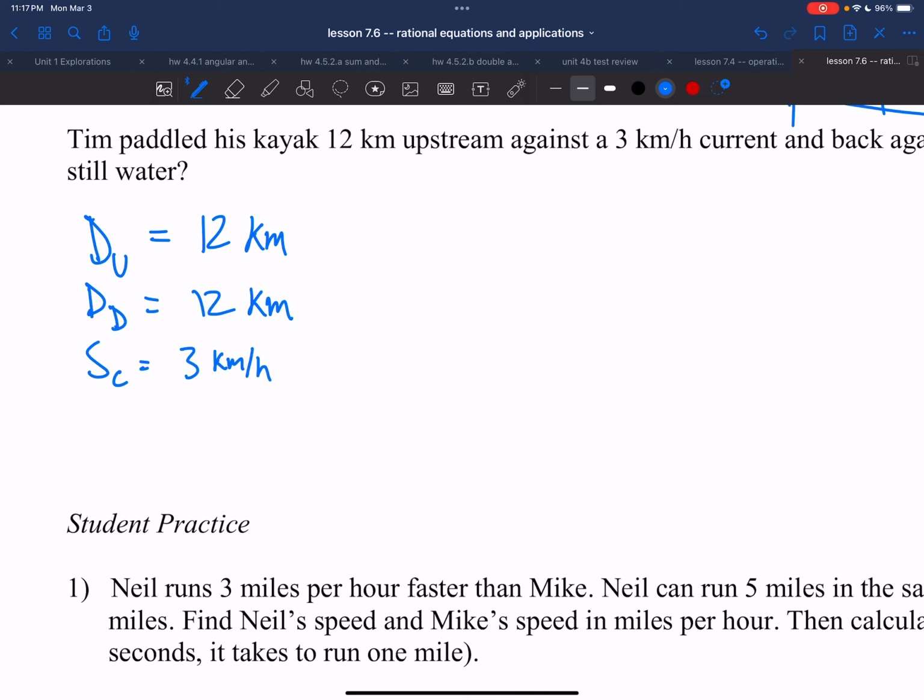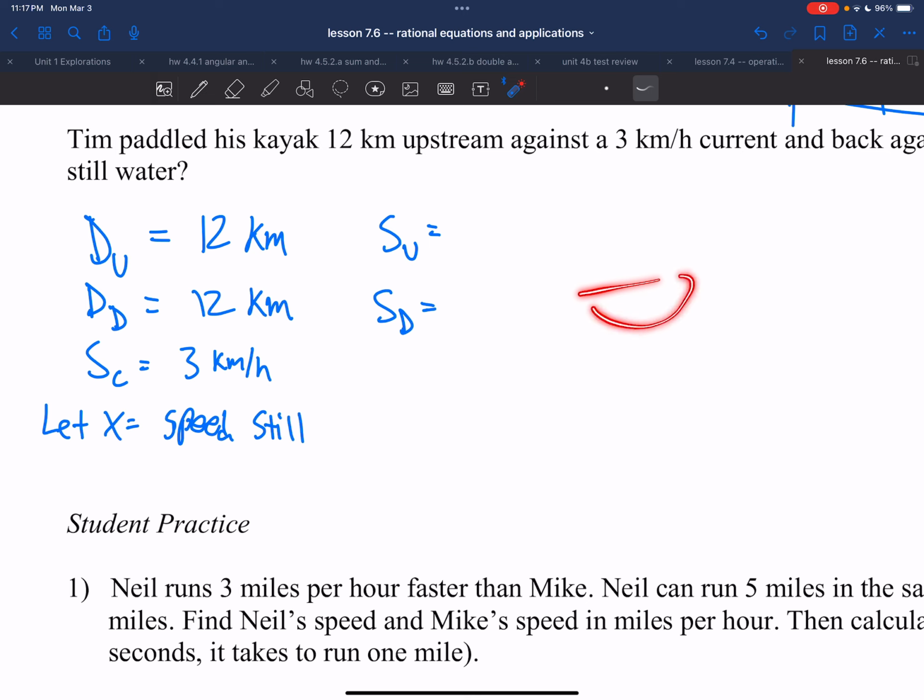Well, what is his still water speed? I'm going to let x be the speed in still water. Then based off that, what is his speed upstream and downstream? If you're going with the current, then you're going downstream.